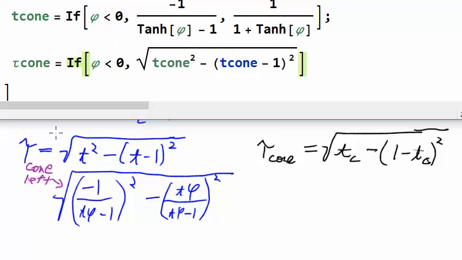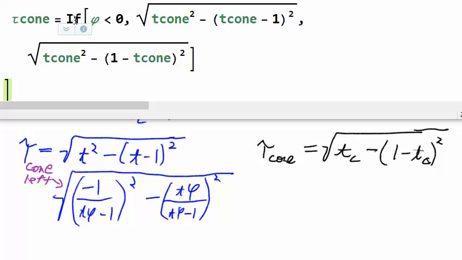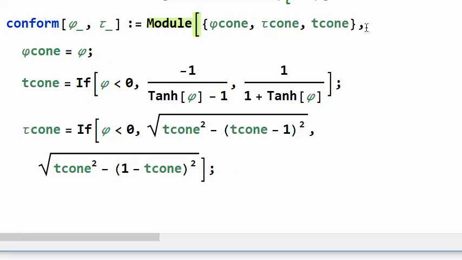Okay, why is this one coming up that way and that one is coming up different? Don't know. Okay, so taucone is another conditional. If phi is greater than 0, we're going to have t minus 1 minus t squared. Then we're going to have the stretch factor. So I'll add that here.